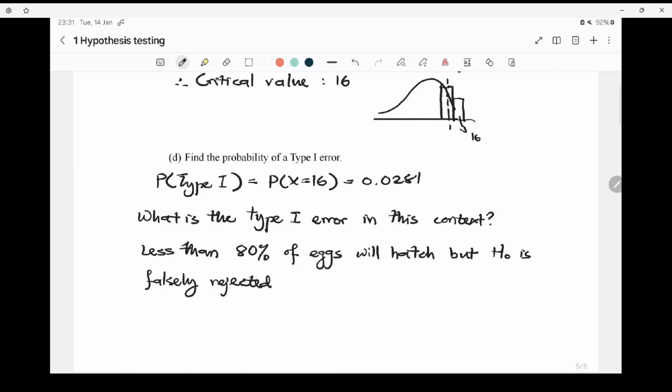Which means that by right you have less than 80% of eggs that will hatch. But since you rejected your null hypothesis, it means that you wrongly thought that you have more than that.